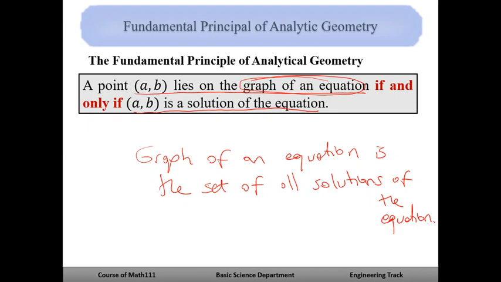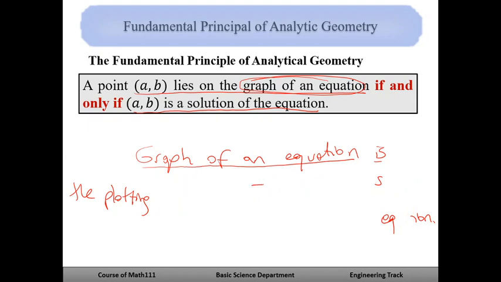So maybe the best wording will be: the graph of an equation is the plotting of the set of all solutions. Now you will see what I mean.